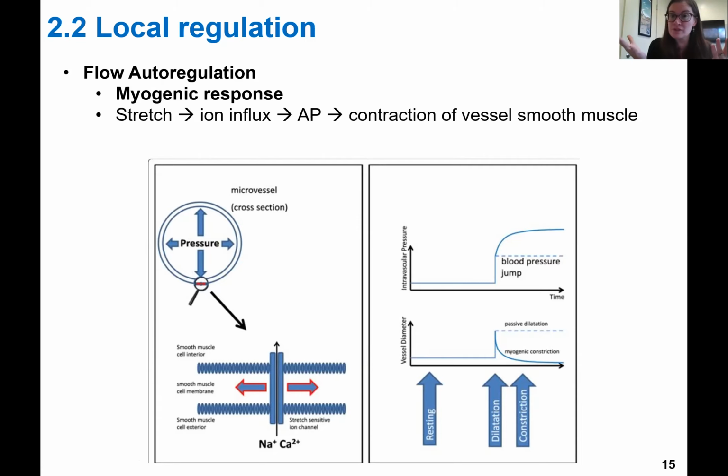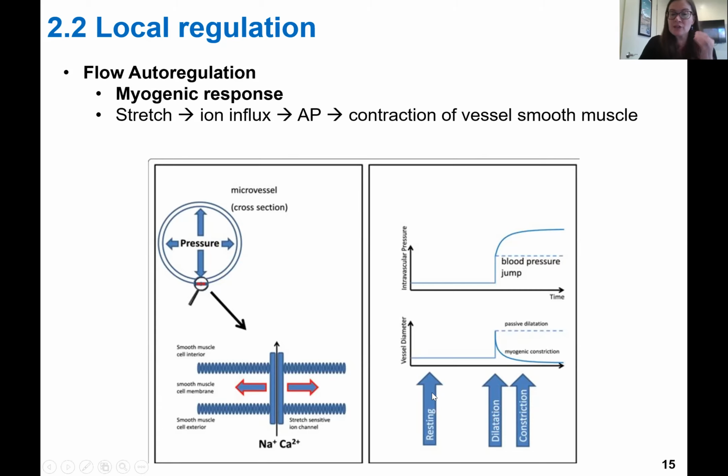And then of course it would be thousands of these. But stretching both of them, of course, helps lead to positive ion influx. And the sodium is going to help with the depolarization that leads to the calcium influx. And of course, calcium is going to bind to calmodulin, which activates MLCK, which activates cross-bridging, which activates contraction.